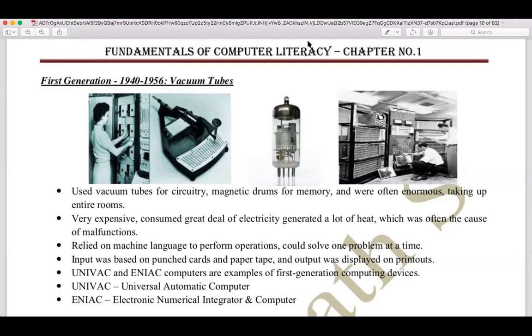So we are discussing only the journey right now, how the computer started to be built in the 1940 to 1956 era, the first generation computers. Clear, guys?